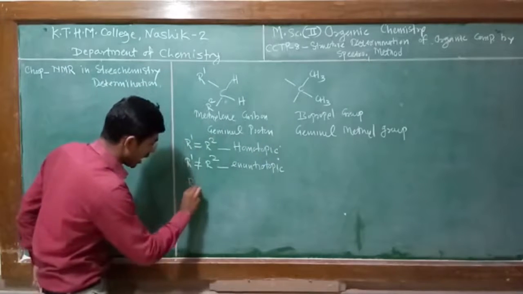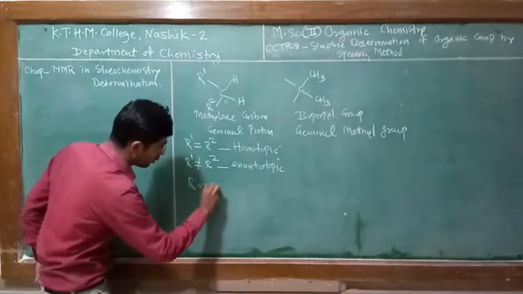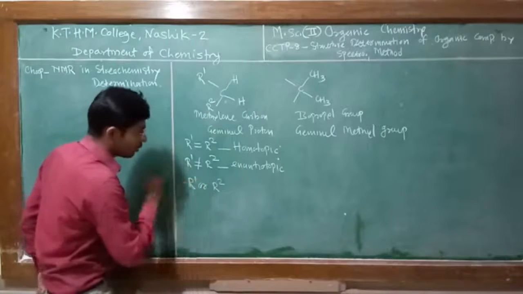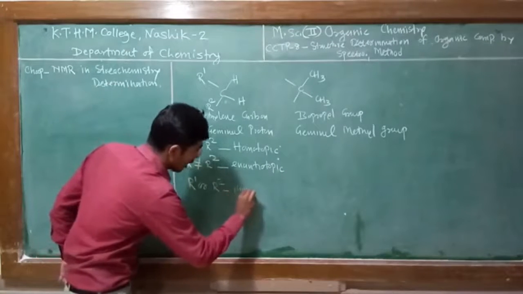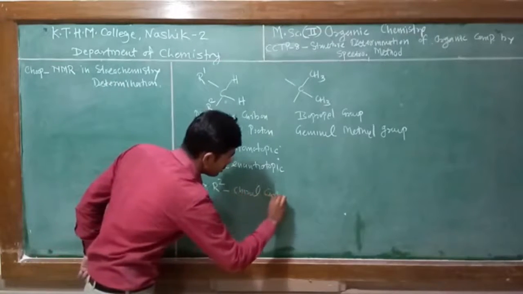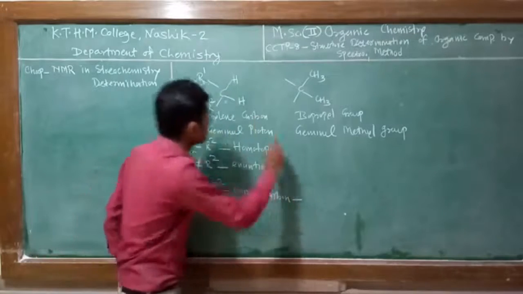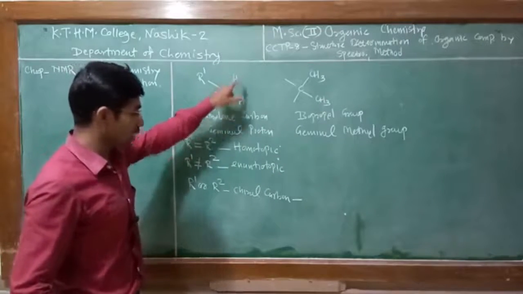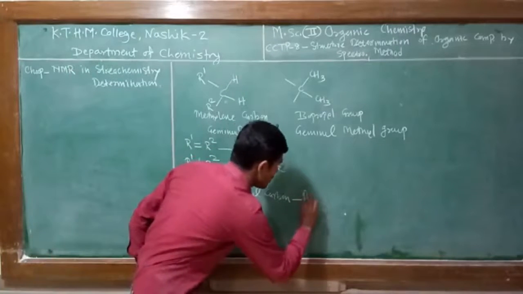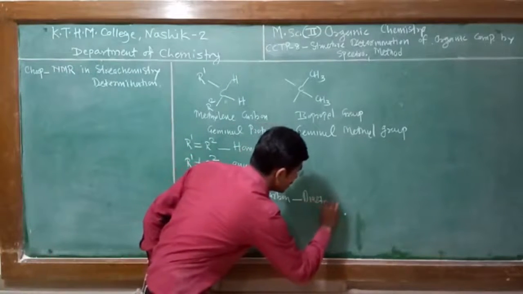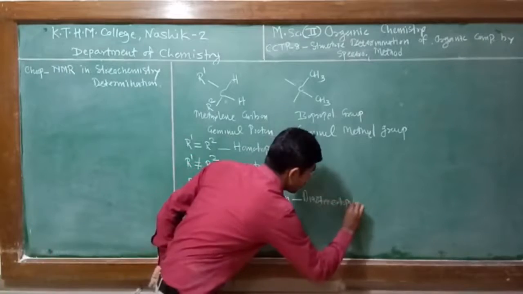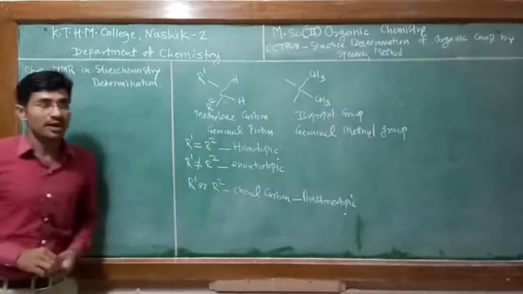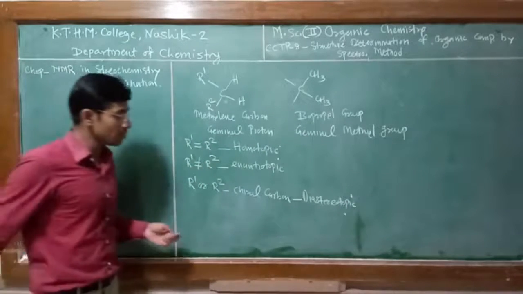And when R1 or R2 contains a chiral carbon, the methylene carbon that contains these two hydrogens is diastereotopic. This is a general idea before discussing this topic.